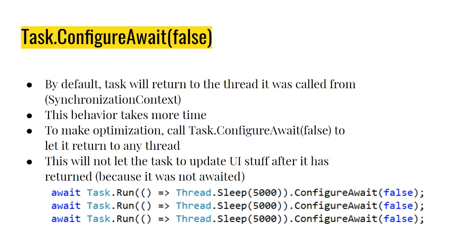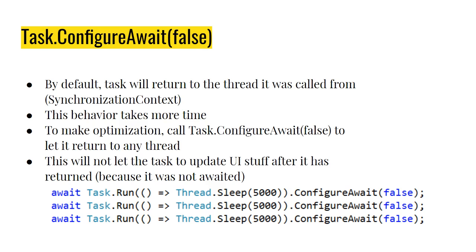And so when the task is done, it will need to find the thread which called it and return to that exact same thread. And that costs some CPU work. That costs some effort. That's not cheap. So you can make it cheap and ignore that by calling ConfigureAwait. ConfigureAwait means that the task will no longer return to the thread it was called from, but will continue running on the thread it was running on initially.